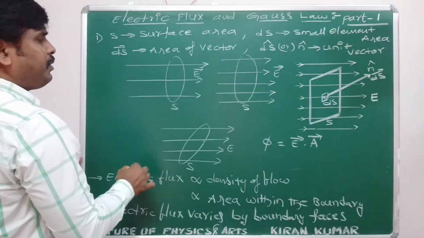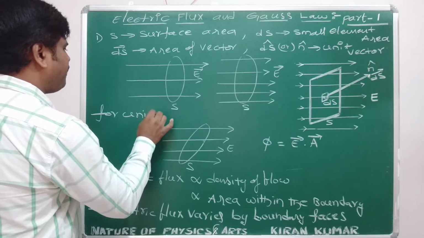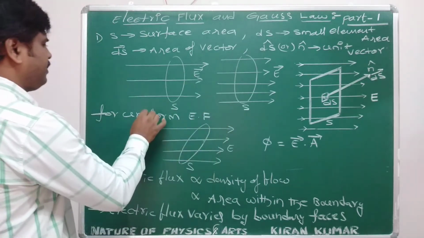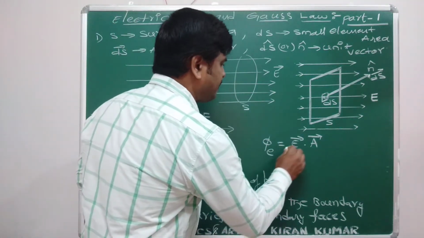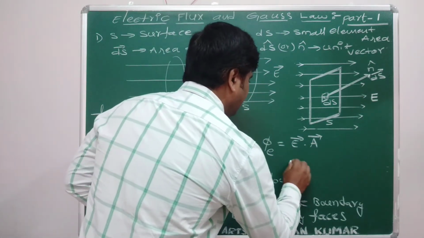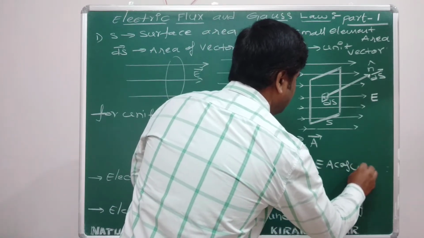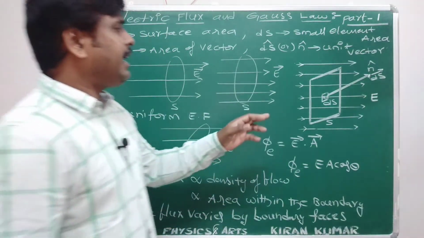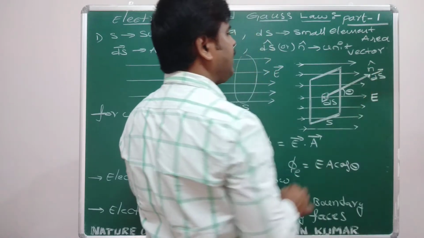For uniform electric field, electric flux phi E is equal to E bar dot A bar, and phi E is equal to E A cos theta. What is theta here? Theta is the angle between the electric field and ds bar.